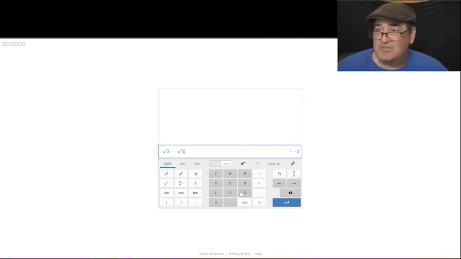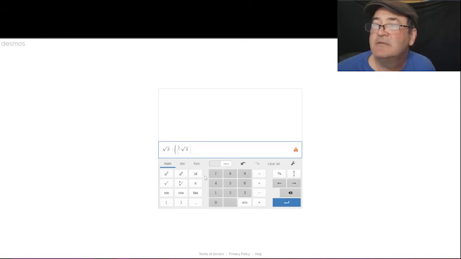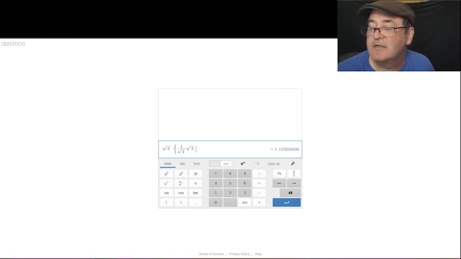Negative 3. Ah, there we go. So if we multiply it together by itself, how about the square root of 3 times the square root of 3? That's 3. I wonder about the 1 divided by. Let's put parentheses, the 1 divided by the square root of 3. Let's cancel this one out here. 1 divided by square root of 3.